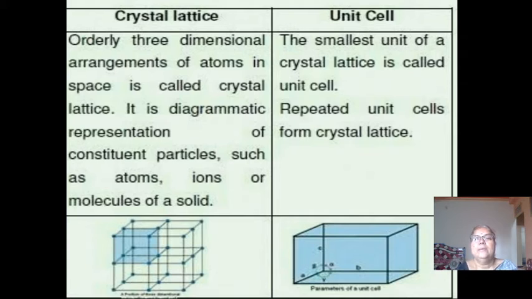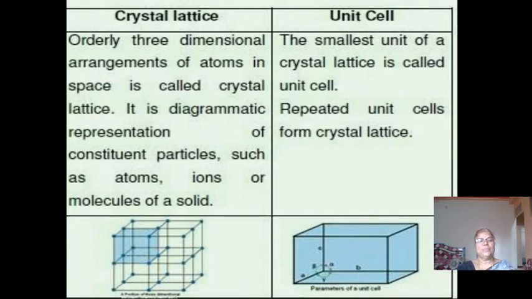Then the unit cell: it is the smallest unit of a crystal lattice. The repeated unit cell forms the crystal lattice. Repeated unit cells form the crystal lattice.